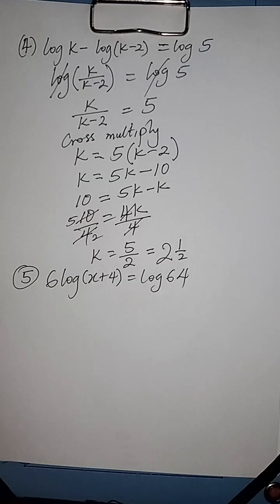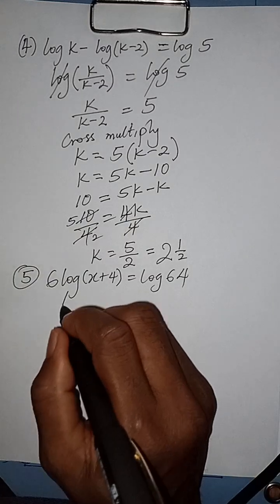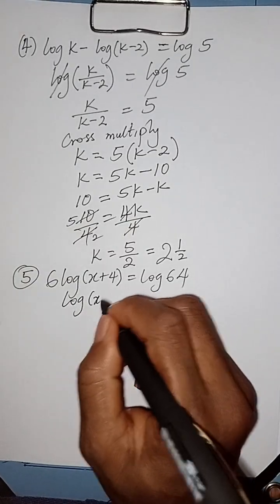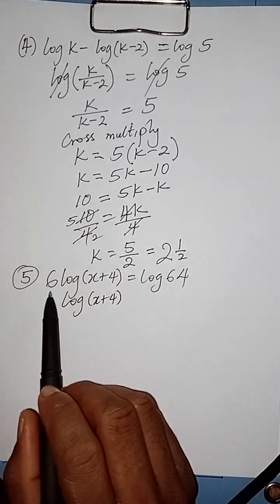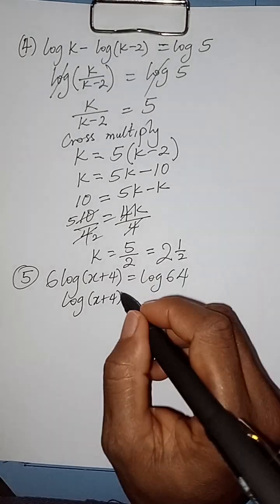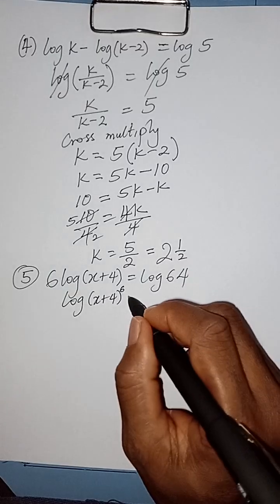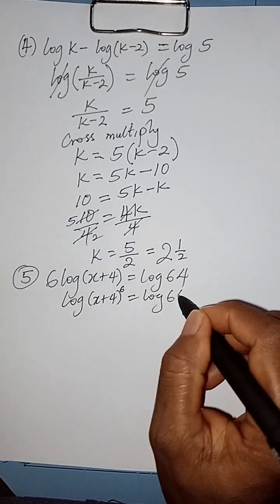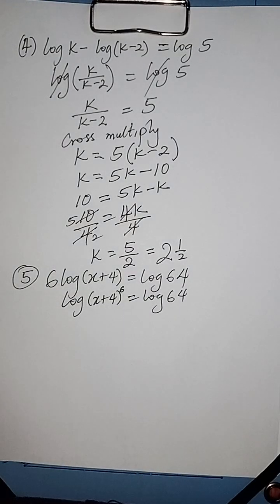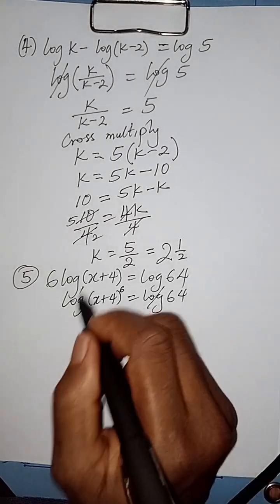Now let's look at number 5. You have 6 log (x plus 4) equal to log 64. As usual, this is pretty easy. The coefficient of the log will move to become the power, so (x plus 4) raised to power 6 equals log 64. Now, at this point, you can cancel out the log.